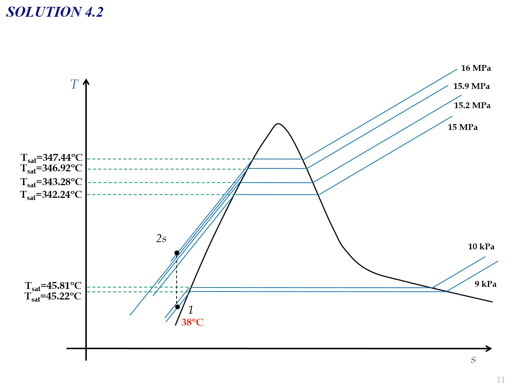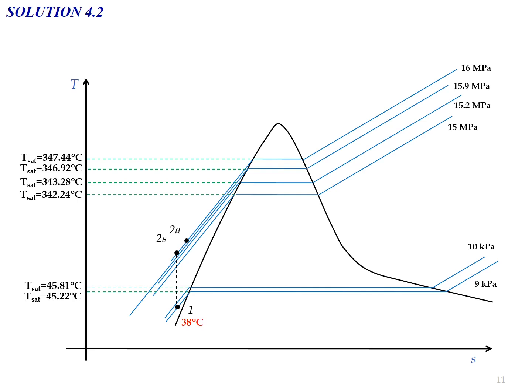By drawing the vertical line to intersect with the pressure of 16 megapascal, we can determine state 2s on the TS diagram. And for state 2a, although we don't have the temperature, we know that state 2a is located on the same constant pressure line as state 2s, which is 16 megapascal.